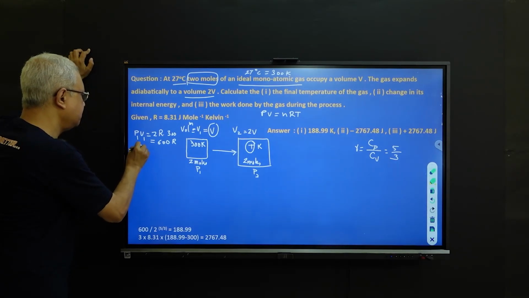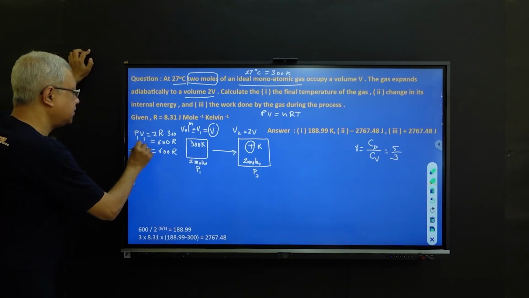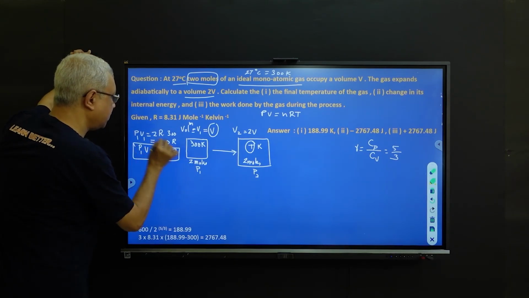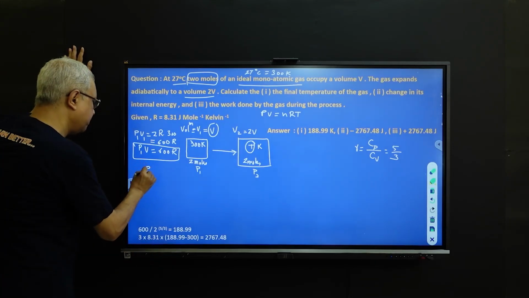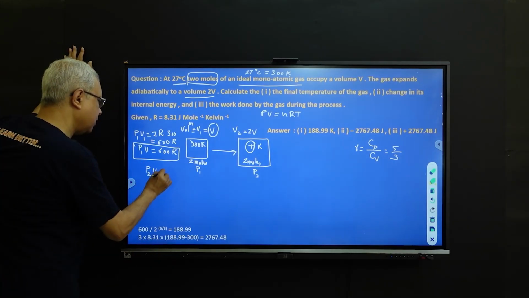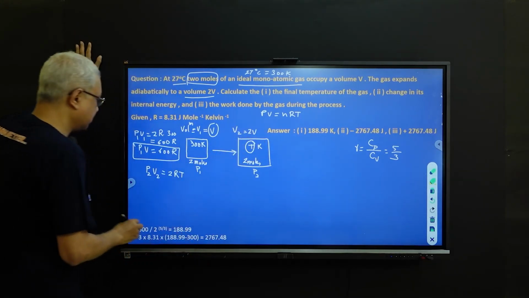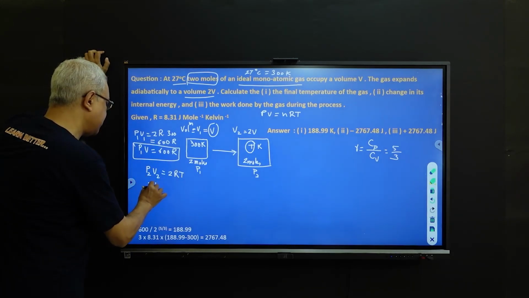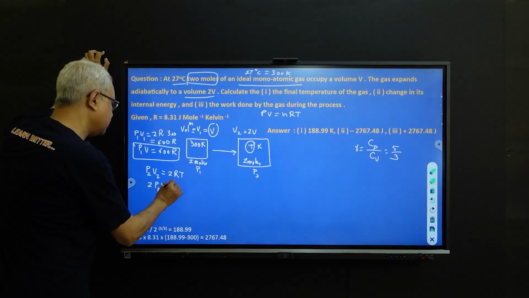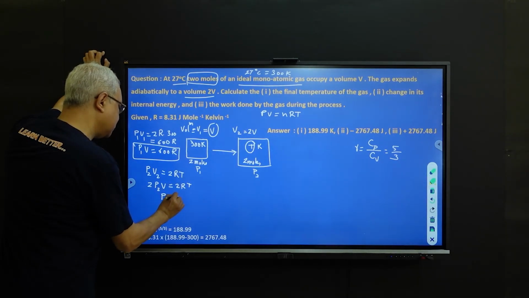So P1 V equal to 600 R. This is one equation. V is the volume of the gas at temperature 300 Kelvin. And similarly, P2 V2 equal to 2R into temperature T. We do not know the temperature. And V2 is twice V. So 2 P2 V equal to 2 RT, or P2 V is equal to RT.